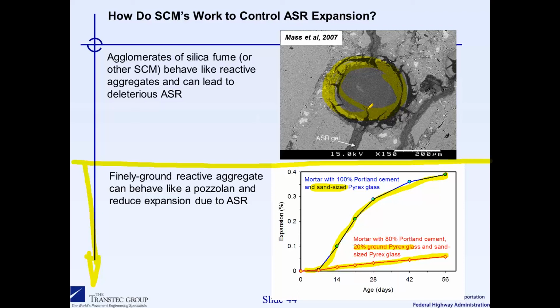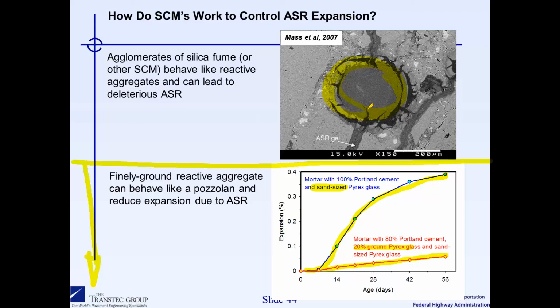Very finely divided reactive silica will react with the alkalis in much the same way that we have ASR, but any reaction product is so finely dispersed throughout the concrete that we don't have any individual accumulations of gel that can create stress to form damage or cracking. Not only that, the reactions occurring at such a fine particle size level, the gel that forms quickly converts to calcium silicate hydrate, the second half of the pozzolanic reaction, if you like.